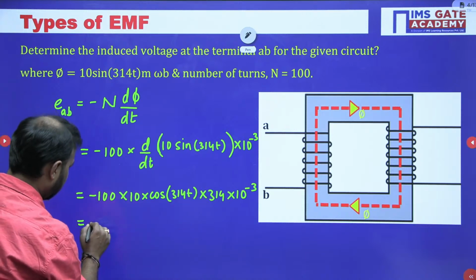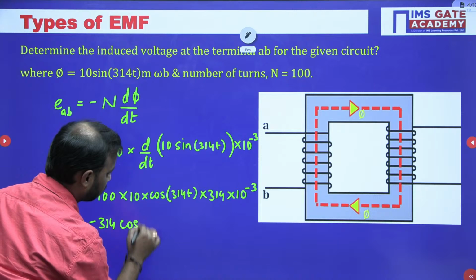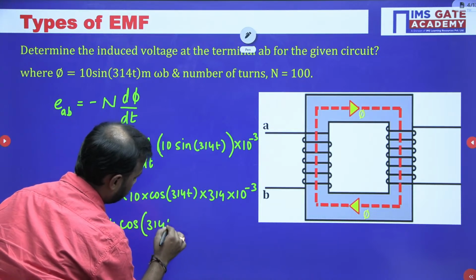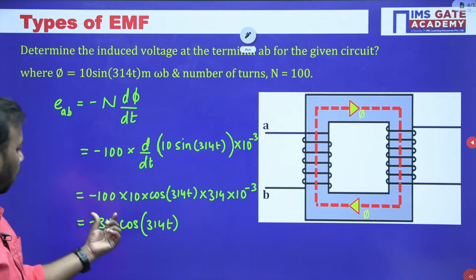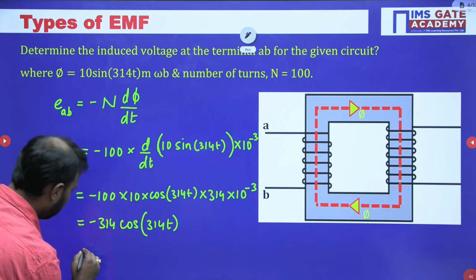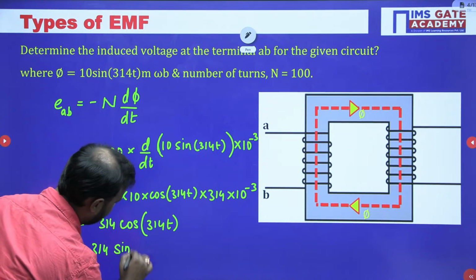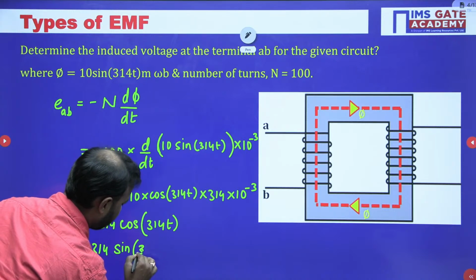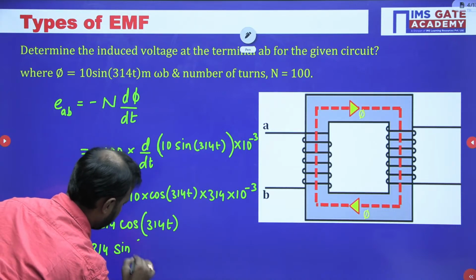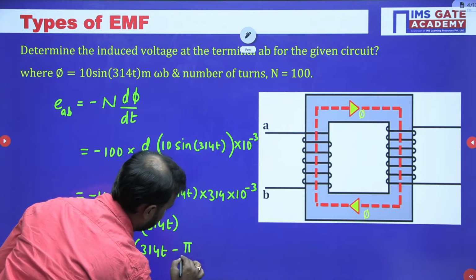So it is minus 314 cos 314 t. What else can we write? We can write 314 sin of 314 t minus pi by 2.